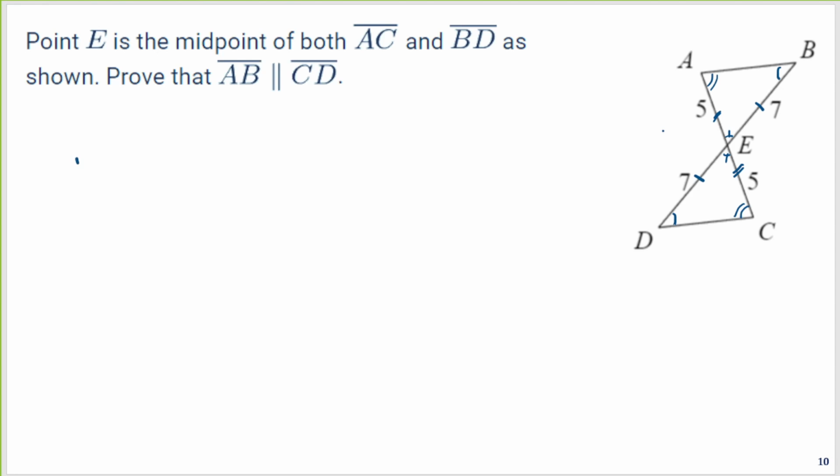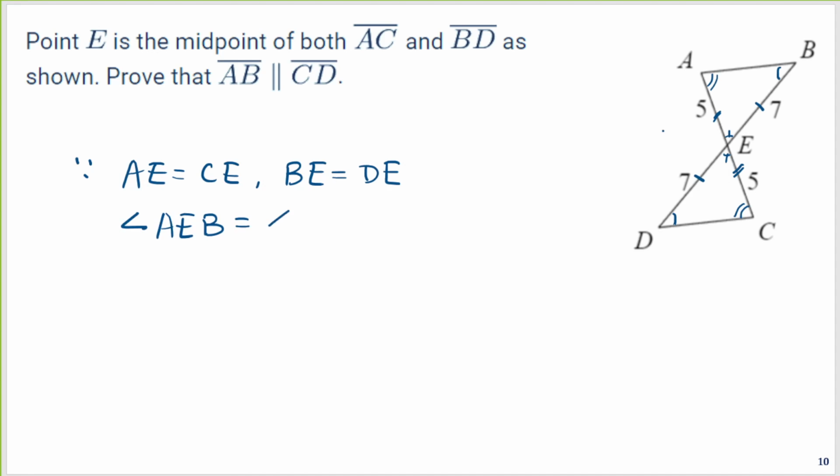So you could say because AE equals CE, also BE equals DE, angle AEB equals angle CED. Again, SAS, right? Two sides and the angle in between are equal. Therefore, we can conclude triangle ABE is congruent with triangle CDE.